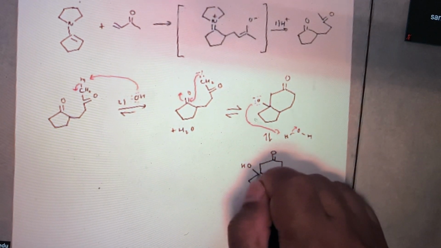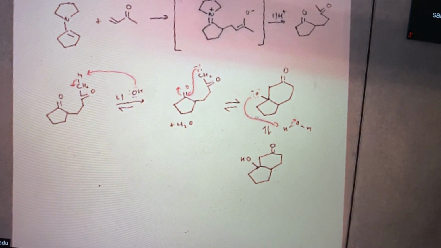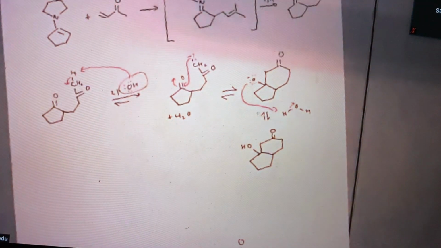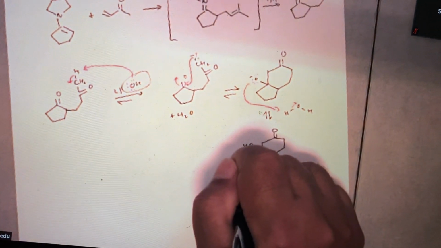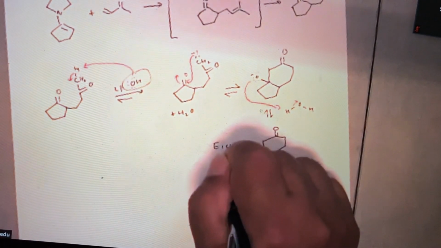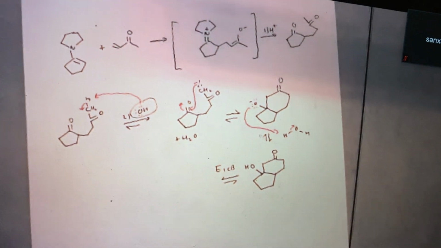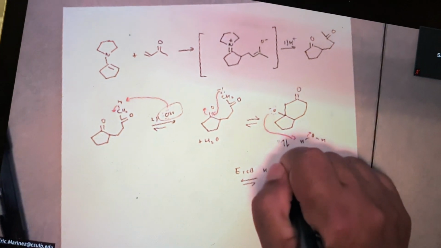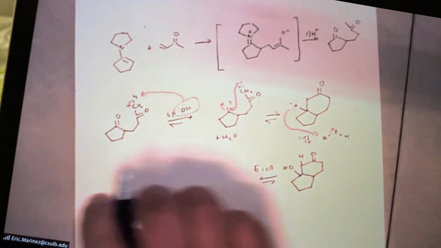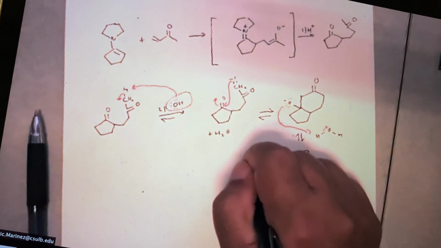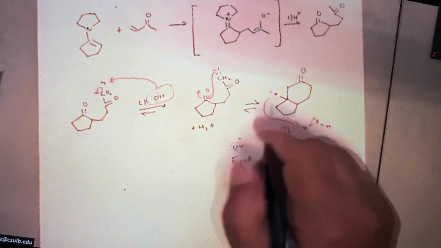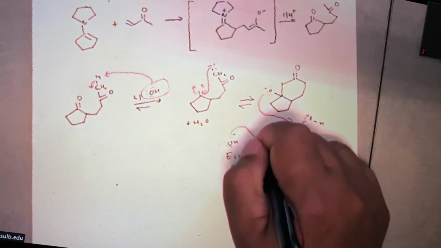Okay. And then the last step in this transformation, because I'm in base here, is the E1cB. So remember, anytime you're in base, think E1cB. E1cB says I still have an alpha proton there, so I'm going to make the enolate by taking hydroxide here, abstracting a proton to make the enolate.